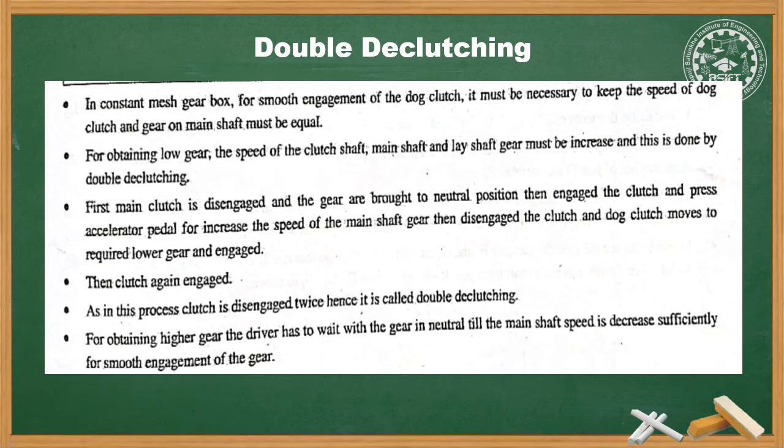This engages the clutch again. As in this process the clutch is engaged and disengaged twice, it is called double declutching. For obtaining a higher gear, the driver has to wait with the gear in neutral till the main shaft speed is decreased sufficiently for smooth engagement of the gear.